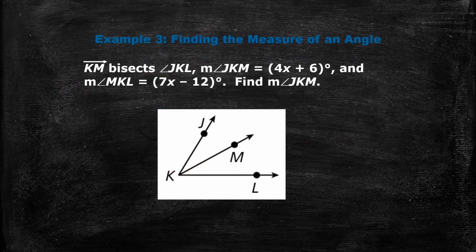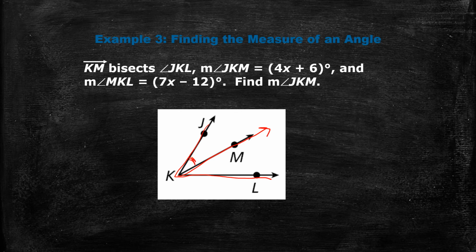Now let's take that information and see if we can use it in finding missing values. So we have KM is the bisector, or it bisects angle JLK. So you can see this JLK is the whole big angle, and ray KM just shoots right out of there and cuts that in half.